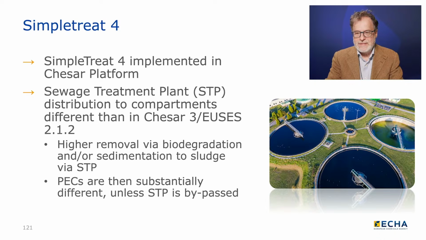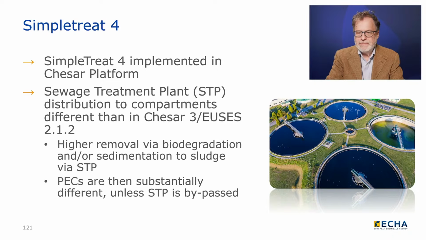We start with Simple Treat 4, which is now implemented in Chesar Platform. Following its implementation, the sewage treatment plant distribution towards compartments, the fractions that are degraded, discharged via water and air, or ending up in the sludge, are substantially different than those estimated in Chesar 3 and uses 212.